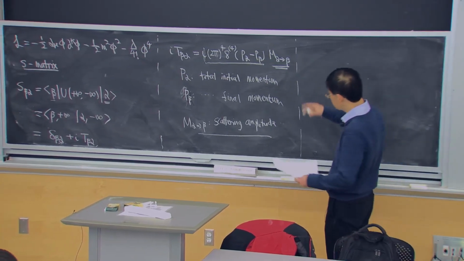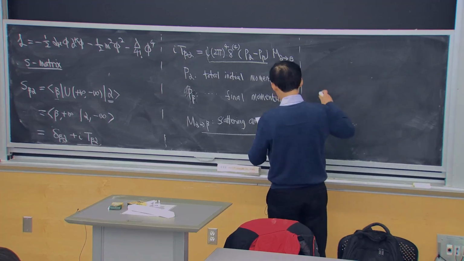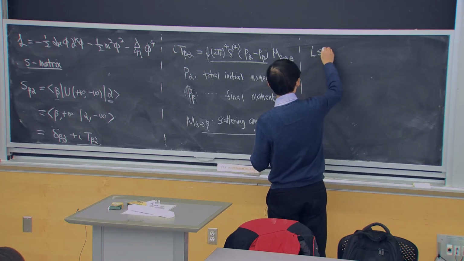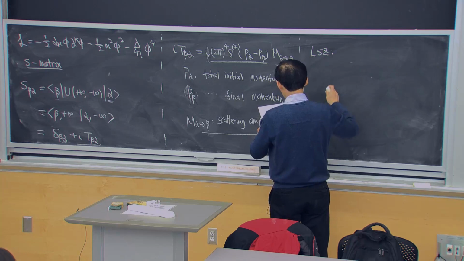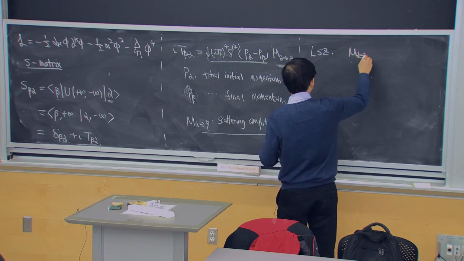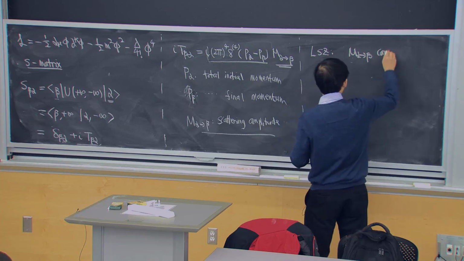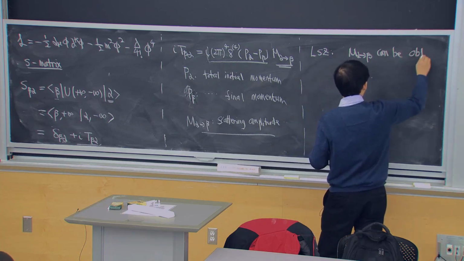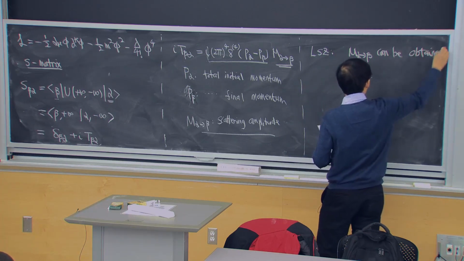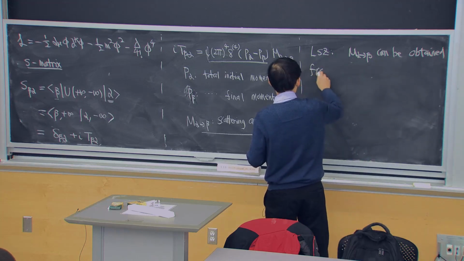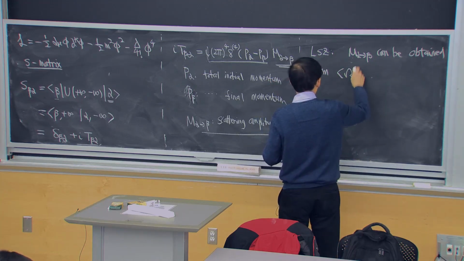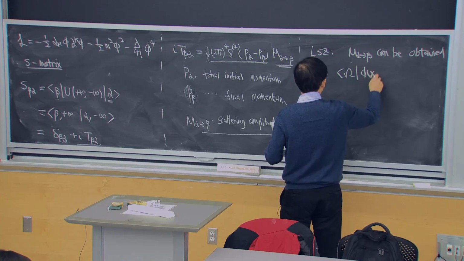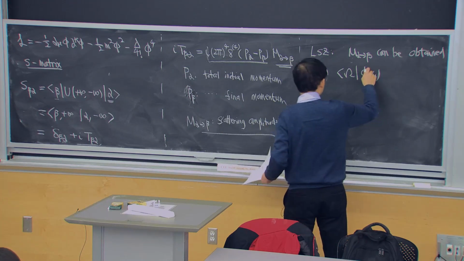One of the key points is that there is this LSZ theorem, which says, as I just mentioned, that M alpha beta can be obtained from a correlation function like this, say, for example, for that theory.